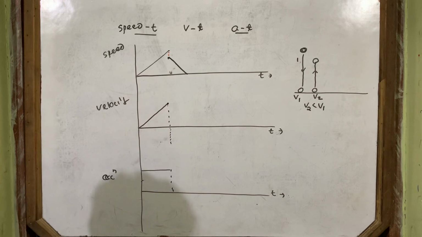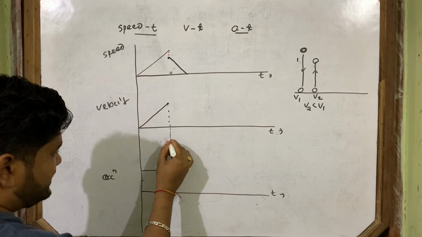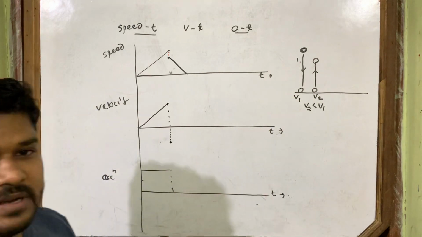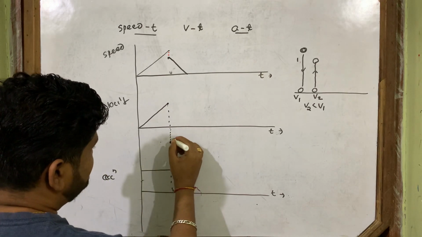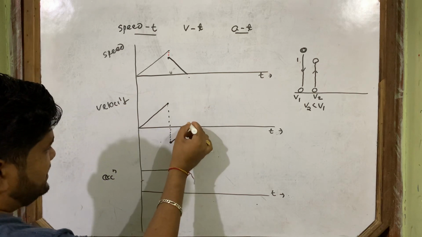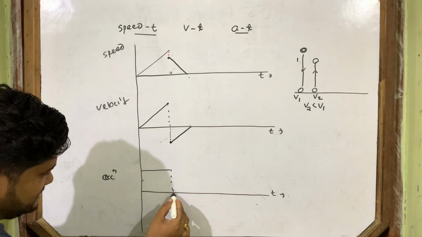This length will be less, because when it strikes and returns back, the negative value will be less now, because v2 is less than v1. But again it decreases and becomes 0. Only one line. But what about acceleration? Acceleration doesn't matter.